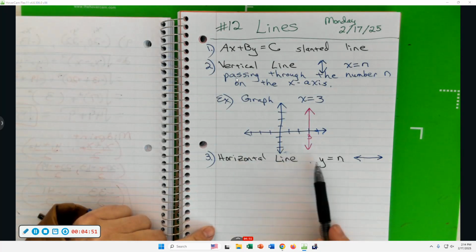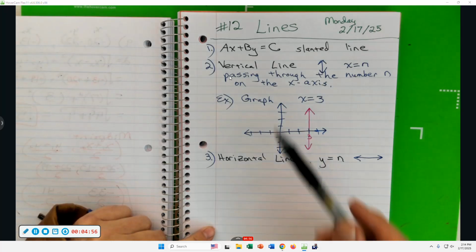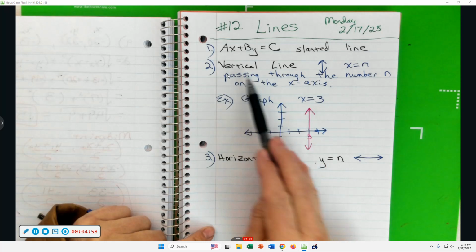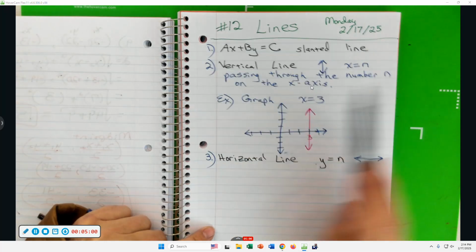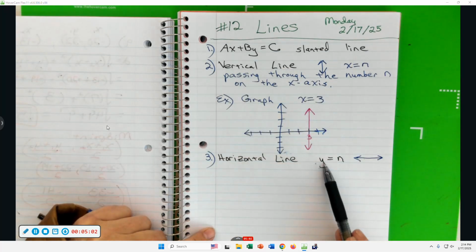You have to make sure the equation is solved for y. In that event, it's a horizontal line passing through the number n on the y-axis. That tells you what axis it's passing through.